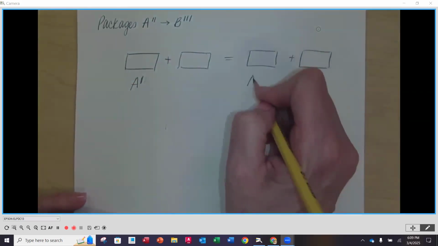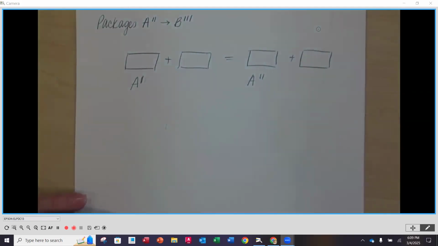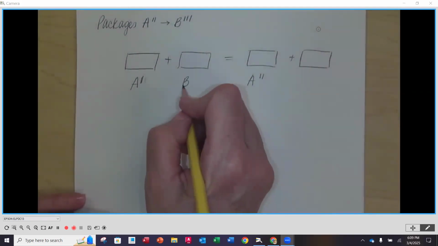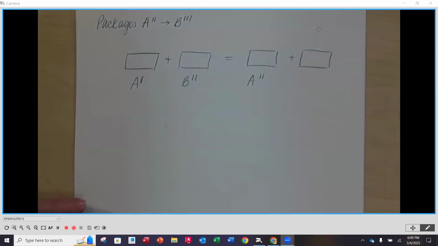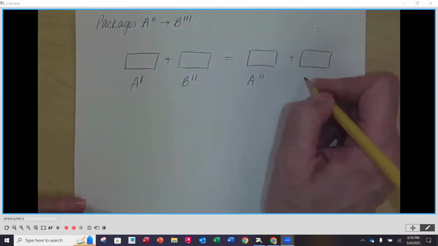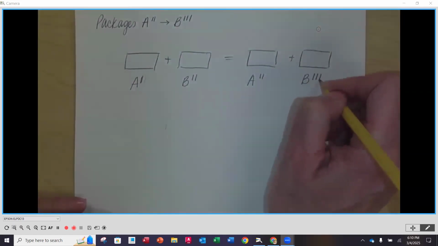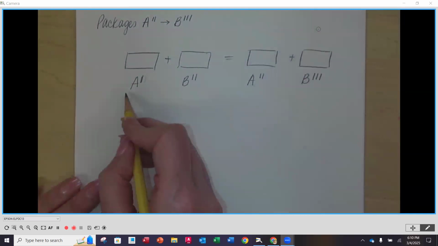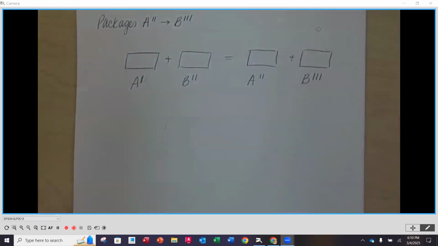A prime prime when it gets hit. And then we're going to have B prime prime, because remember, it hit C. And now this is the velocity it's going at before A hits it a second time. And then we're going to have B prime prime prime. So again, befores and afters. And because they've both been hit, we've got multiple primes here. So everybody understand kind of the prime system so far?